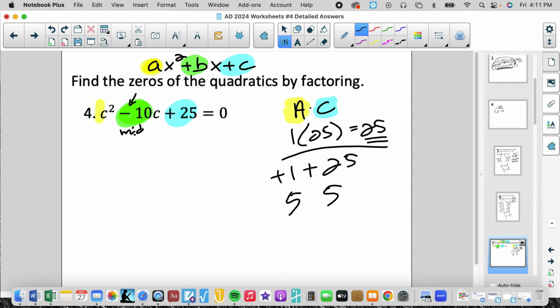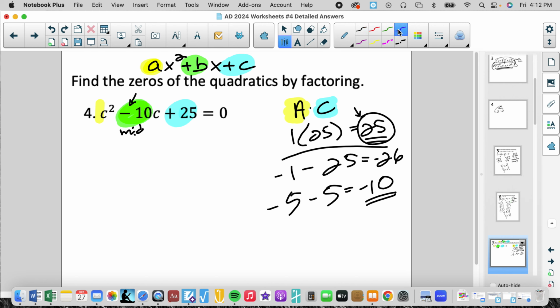So the only way I can get a negative is if both of these signs are negative. Remember, they have to be the same because that's the only way through the product you get a positive number. Either positive times a positive or negative times a negative produces the positive 25. But because my middle is a negative and I'm going to combine these, the only way I can get a negative is if both are negative. If they were positive, it would have produced a positive 10, and that wouldn't equal my middle.